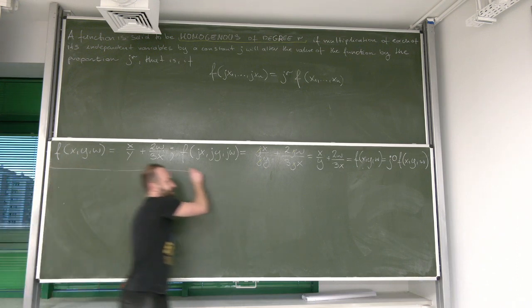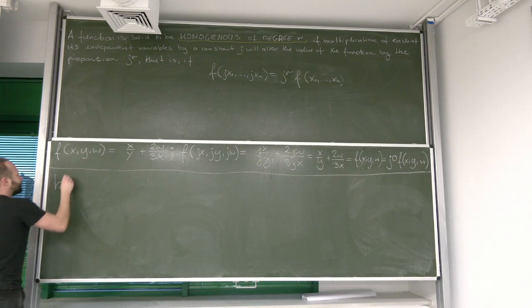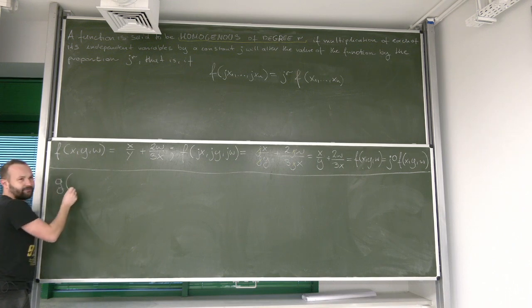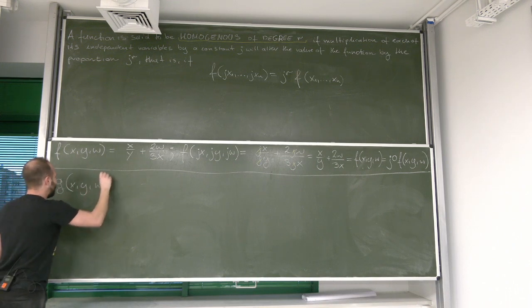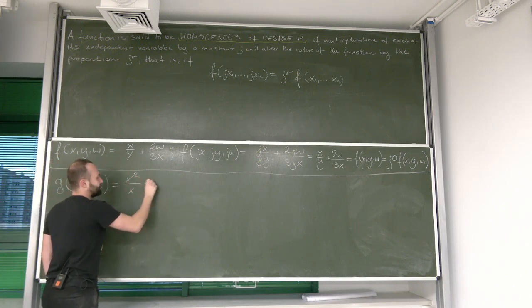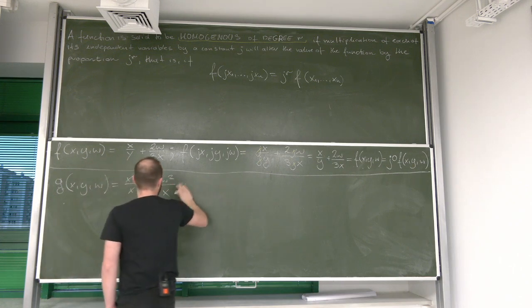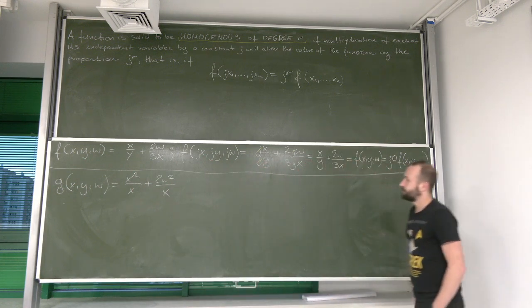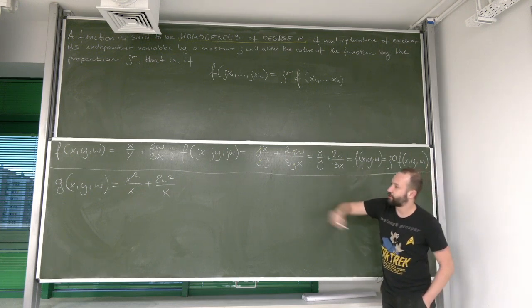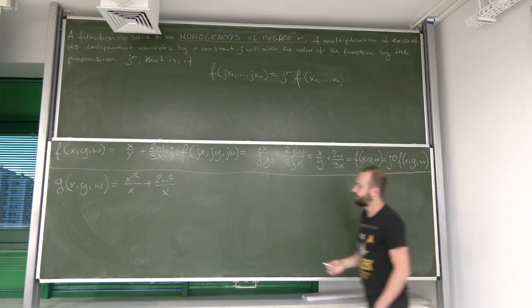Okay, so this is the case where we say we have homogeneity of degree 0. Let's try a different function. What if we've got a function g, also of three variables x, y, and w, and this one is given by x squared over x plus 2w squared over x. In this case, we need to do exactly the same thing in order to check whether this function is homogeneous and what is the degree of homogeneity.